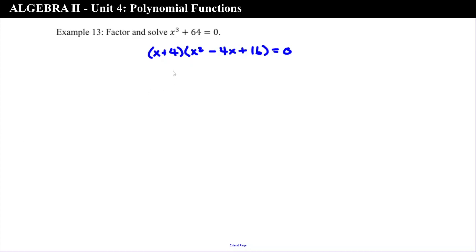At this point, we cannot simplify or factor anything else, so we're going to set them both equal to 0. The first one is easy enough to solve, x equals negative 4. The other one, I'm going to again opt for completing the square.